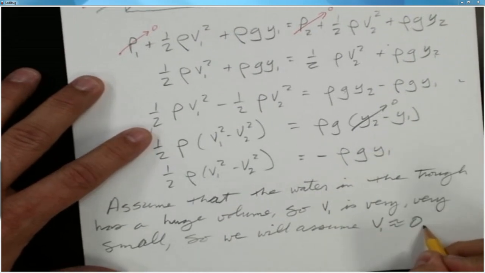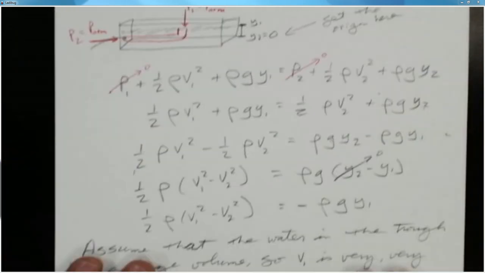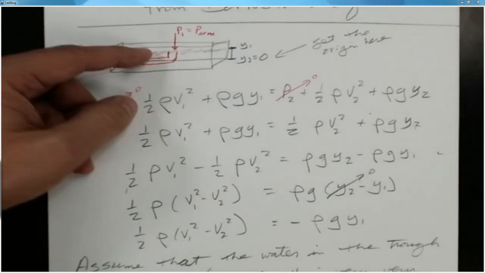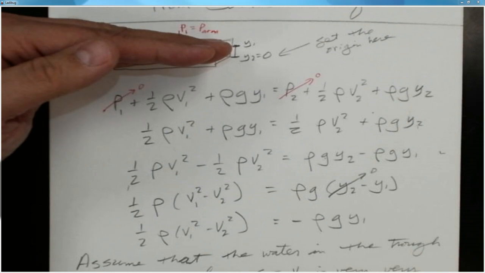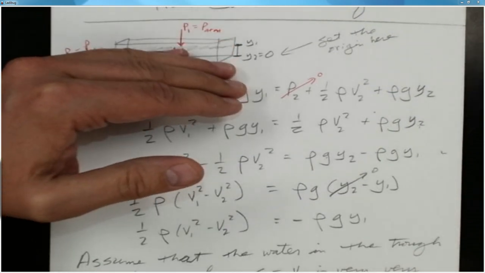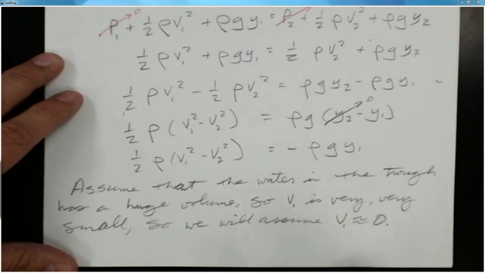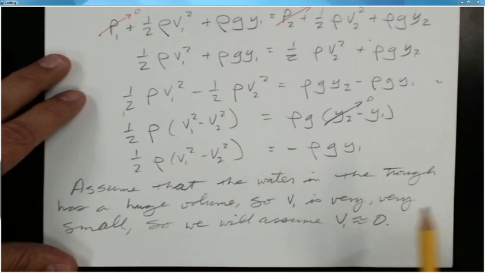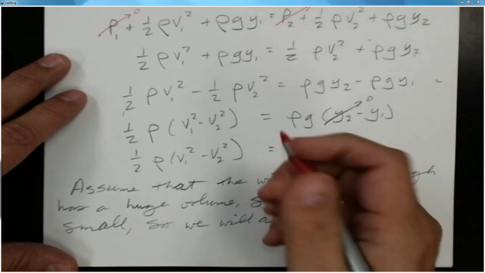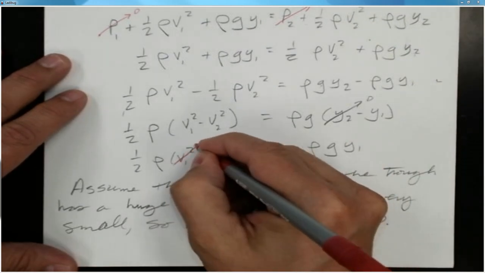Is it actually 0? No, but we're going to assume it's super small because the water is going to be dropping in the trough very, very slowly, so slowly that it's practically 0, and that will help us here. So if we make that assumption, V1 goes to 0.